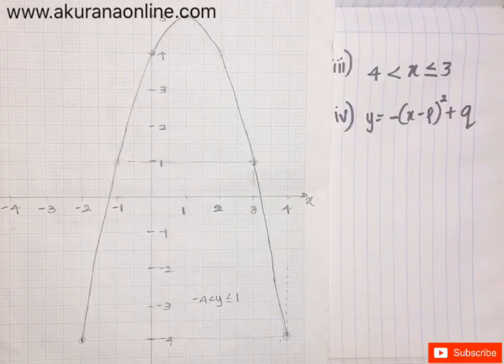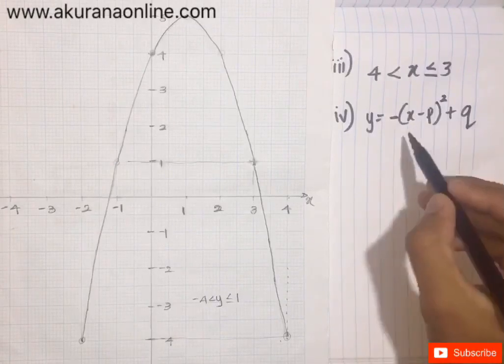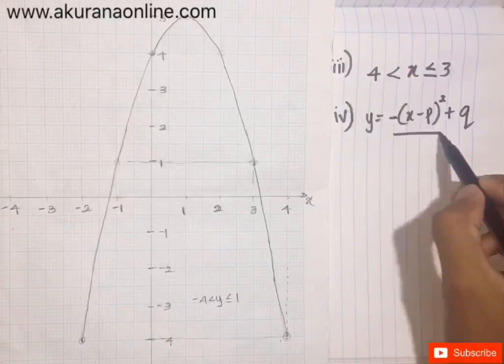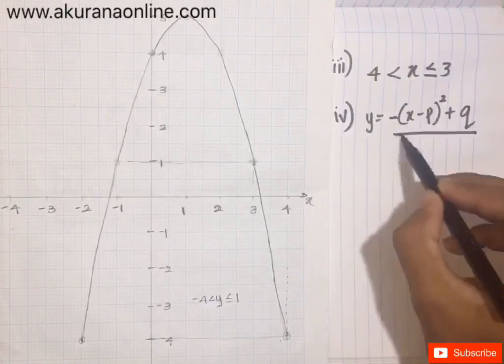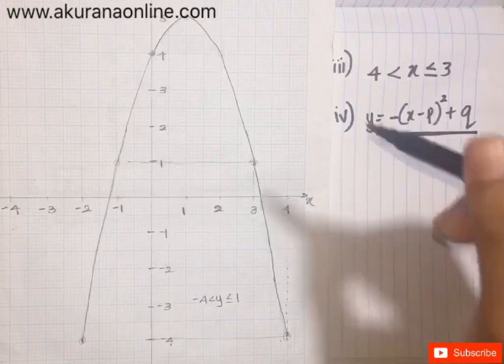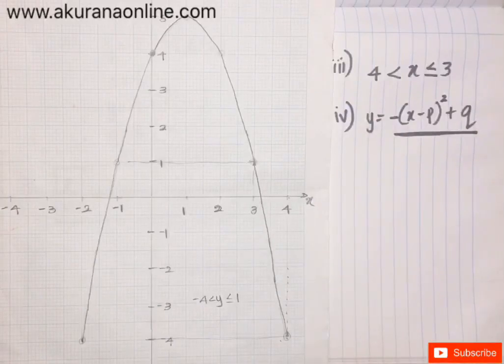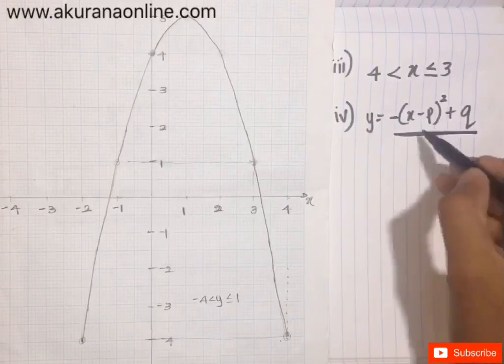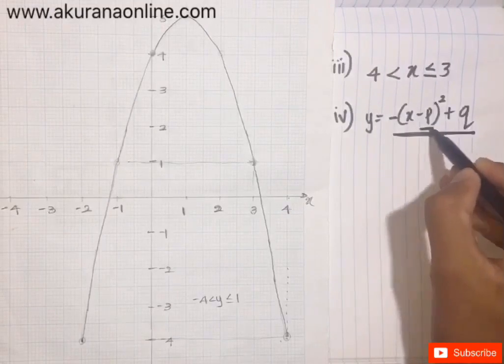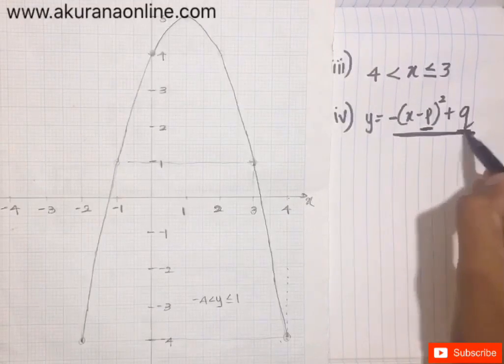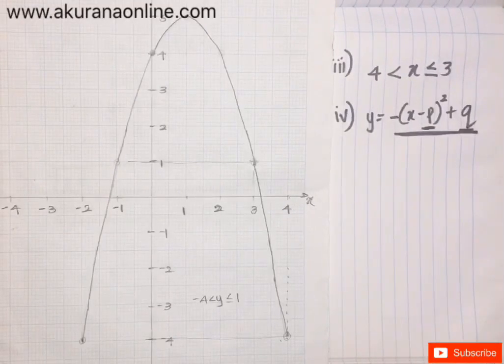Now you have to indicate the point p comma q, the coordinate on the graph, as M. Now always remember, if the equation of the graph is given in this form, the maximum or the minimum coordinates can be found by taking this x value and this y value. Therefore, how should you get the answer?